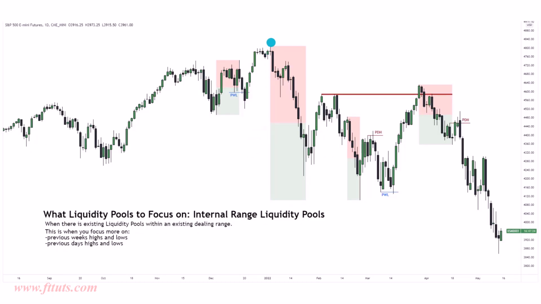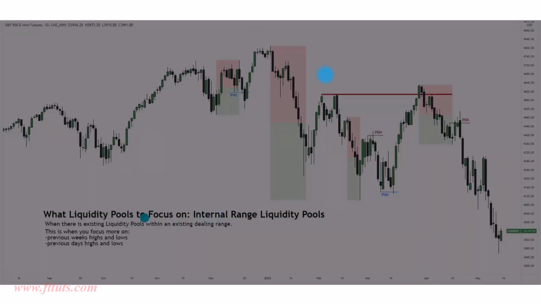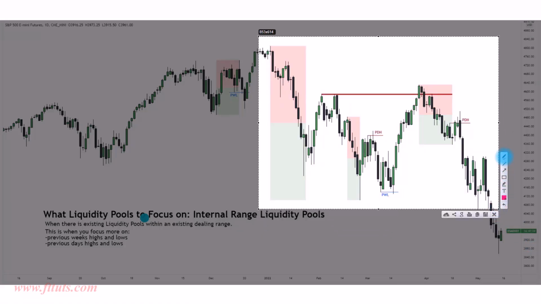Same thing here. We have this entire leg, this entire move down here. Inside of that range, we have clean highs. So that clean high can act as a liquidity pool inside a premium market. This entire area is premium from this high to this low.